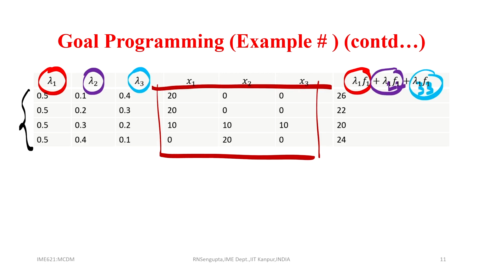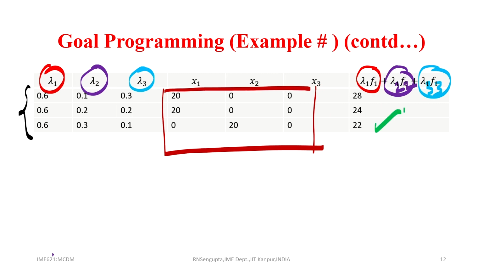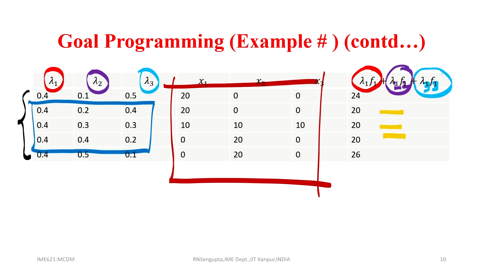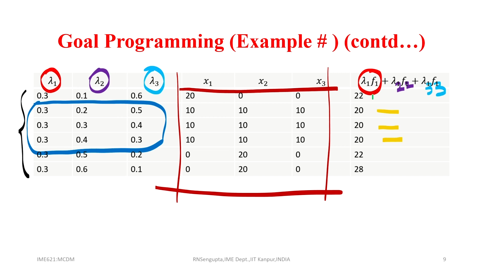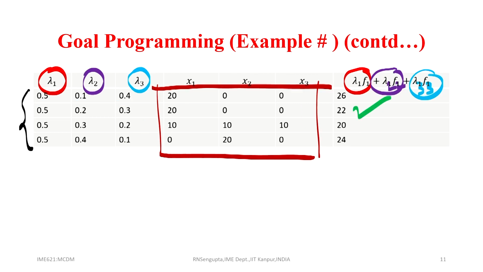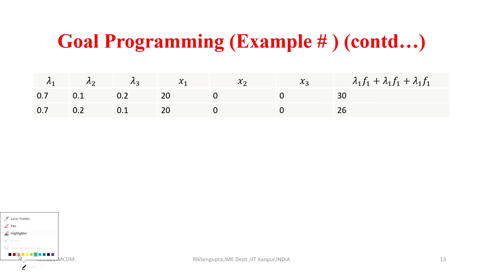You can double check: 22 is there here, it is 20, 0, 0; 22 here is 0, 20, 0. And there is a 22 here, which is 20, 0, 0. So here you have 22 with 20, 0, 0, 0, 20, 0, 0, 0, 20. So 22 can be obtained by all combinations of 20, 0, 0, 0, 20, 0, 0, 0, 20. But remember, the weights are changing, which is lambda 1, lambda 2, lambda 3.